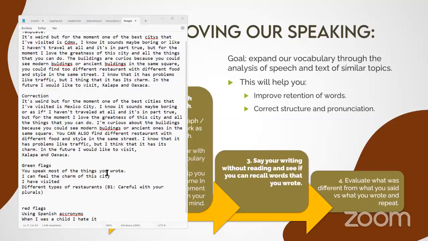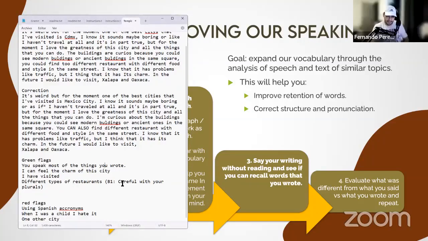Let's go now to the red flags, the roast. Of course, I think you understand the part of using CDMX when you speak English, no? That's very normal, and it's a normal confusion for many, many students.